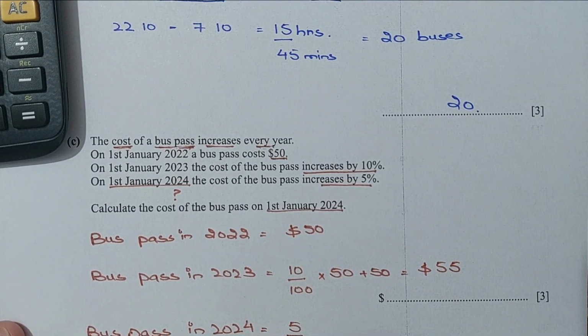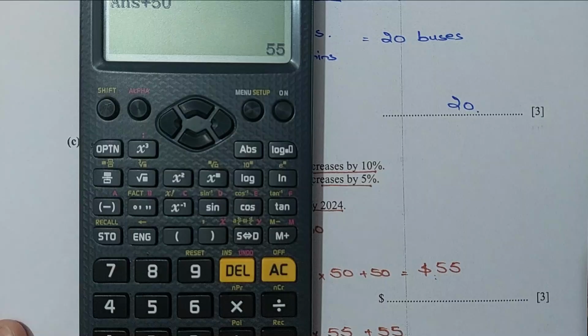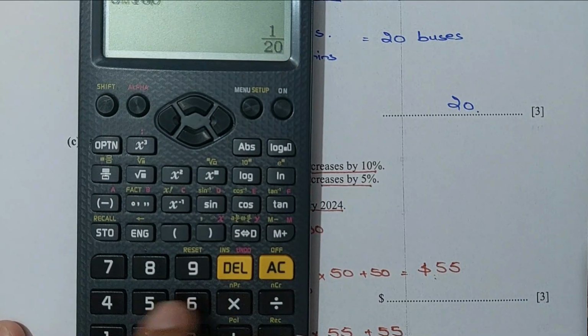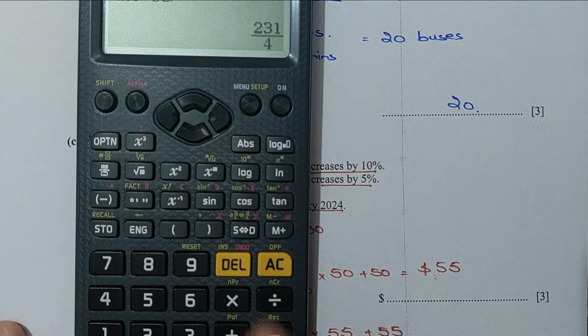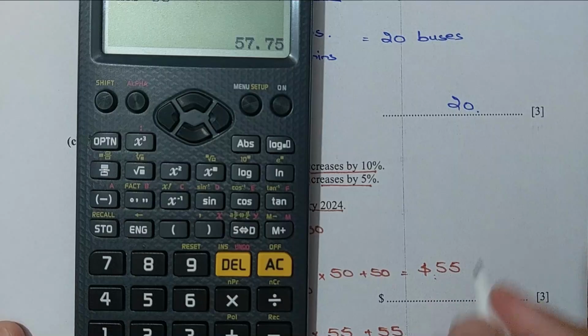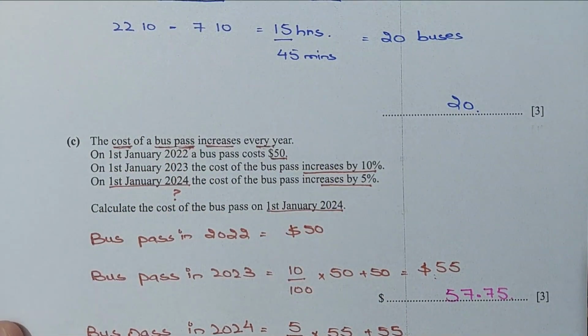So 5% of this price, 55, added to 55. 5% of 55 added to 55 gives 57.75. $57.75 is the cost of the bus pass on 1st January 2024.